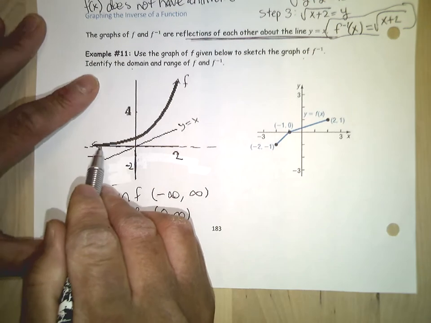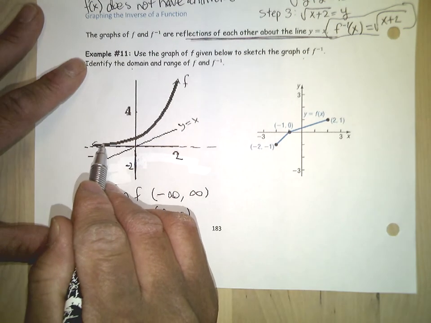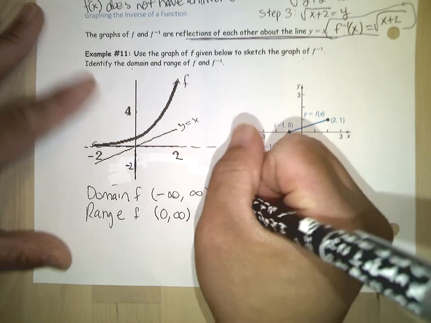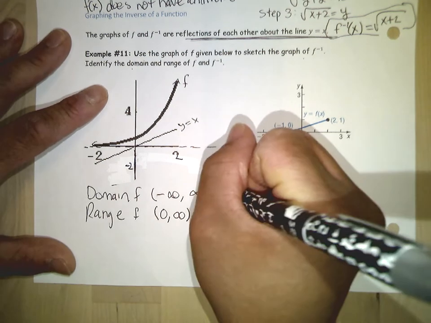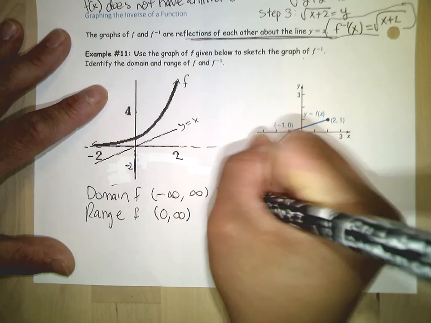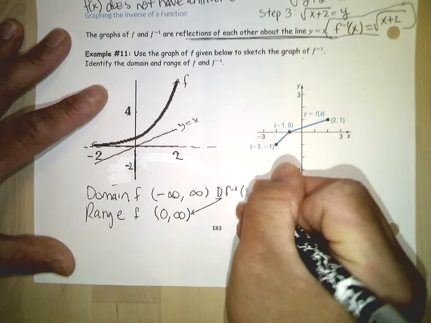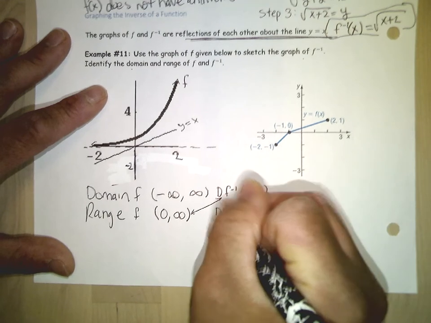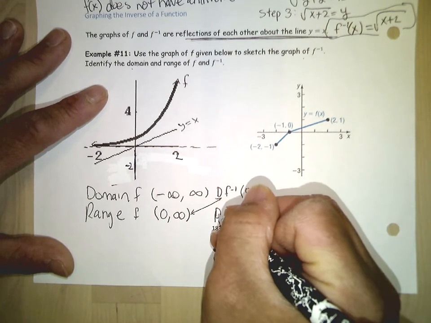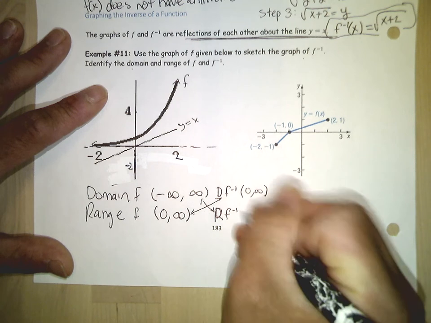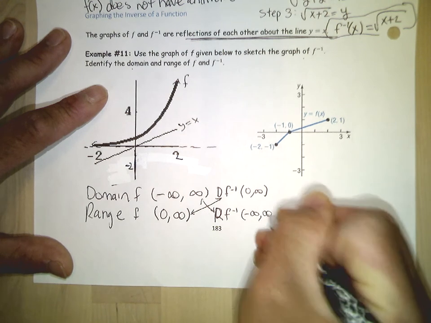that this f is not actually going anywhere below 0, and so the domain of f inverse will actually be the range of f. So that should be 0 to infinity, and the domain of f is the range of f inverse, so that should be negative infinity to infinity.